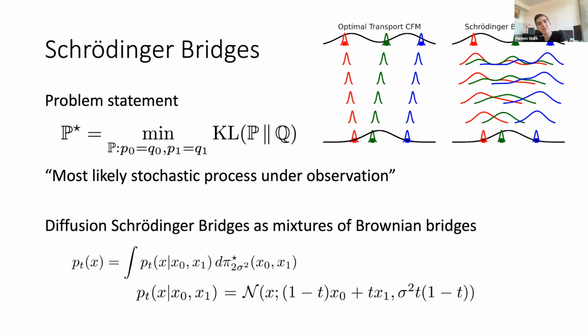Okay, and now why would this be cool? Why do I want the Brownian motion constrained to these endpoints? So, application wise, diffusion Schrödinger bridges was one of the first papers that looked at this.